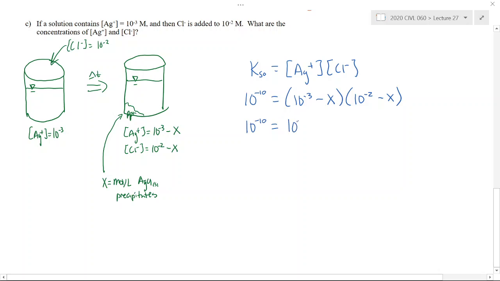So I have 10 to the minus 5 minus 10 to the minus 3 x minus 10 to the minus 2 x and then plus x squared. So this gives me x squared minus 0.011x plus 10 to the minus 5.